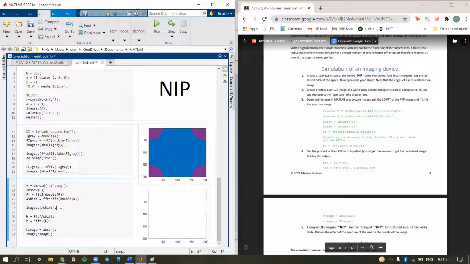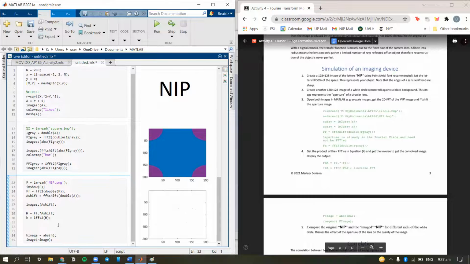Now, can you show me the product capital H, absolute value of the product? Kasi this is complex, huh? This is a complex number. So we can take a look at the real part first. Could you show me image SC capital H?